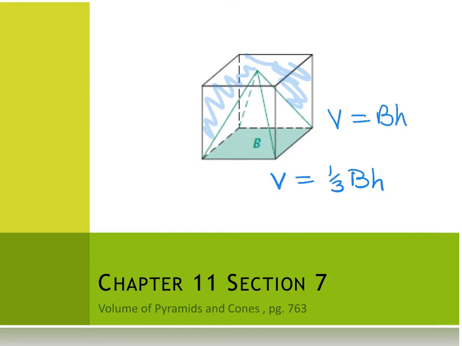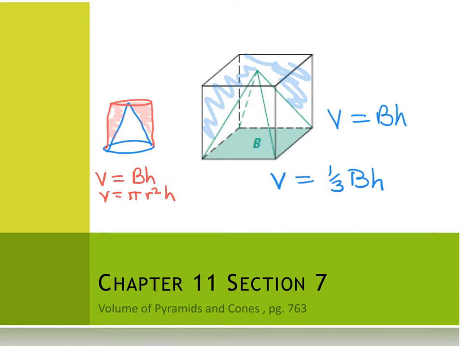Same thing when we talk about the cones. So if I were to draw a cone here and then place it in a cylinder, again, it's like we're taking off 1/3 of that cylinder. So again, the formula for volume of a cylinder was capital B times H, or pi r squared times height.